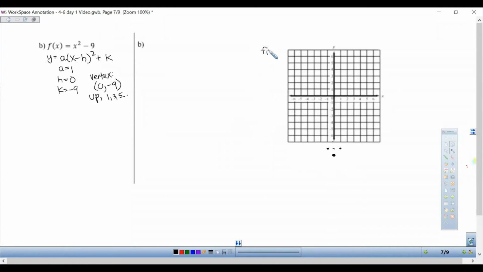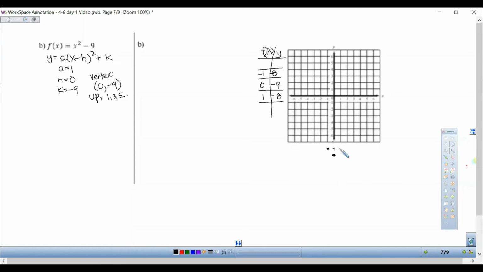So for f of x, our x and our y, remember that for a parabola, the vertex goes in the middle. And then we want 2 points on either side. So we just found the first set of points. So that would be (1, -8) and (-1, -8). If I look at those coordinates.